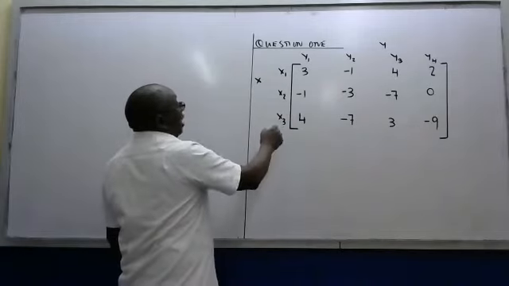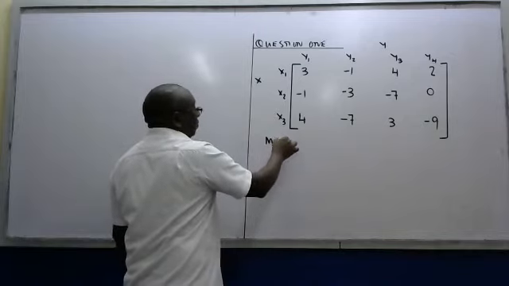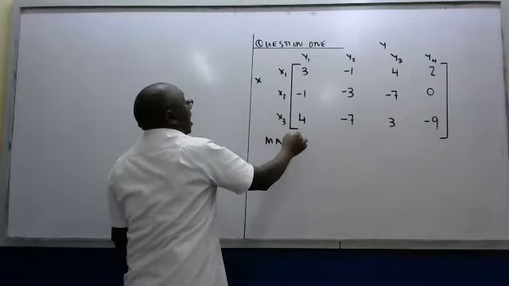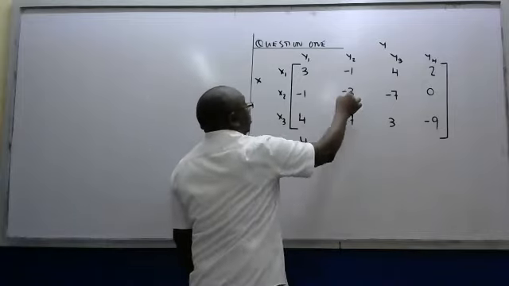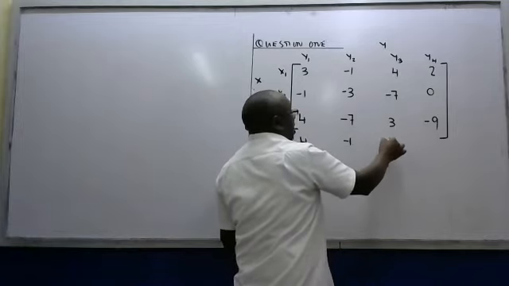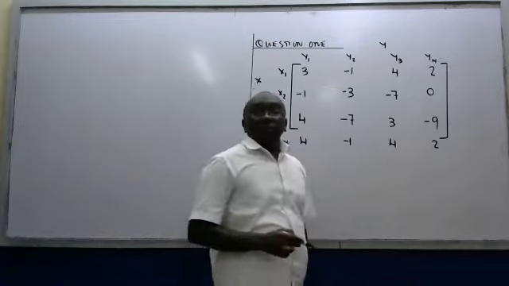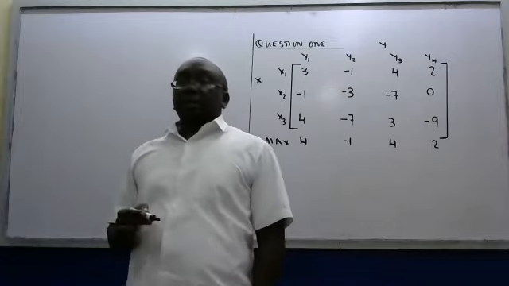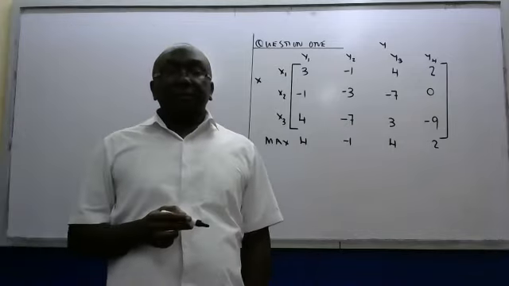You come here, you extract the maximums of the column. The maximum in column Y1 is 4. Y2 is -1. Y3 is 4. And here it is 2. So you extract the maximums there.